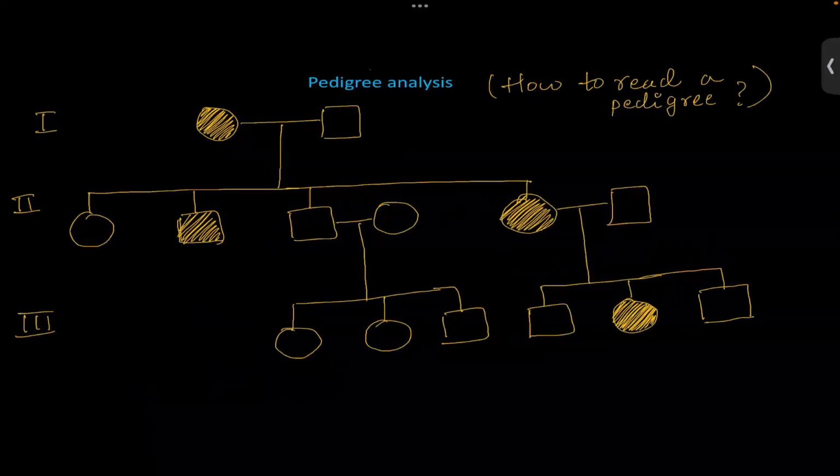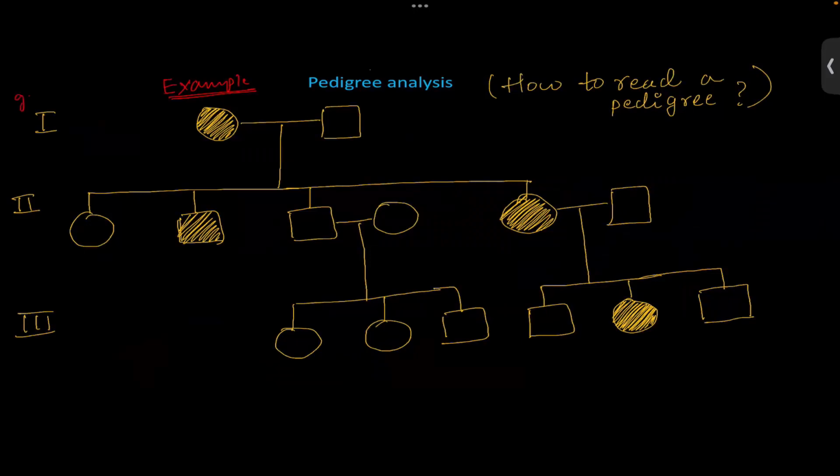Here is an example of a pedigree, and how one should read it. Here 1, 2, 3 show the generations, so this particular pedigree shows a family of 3 generations. Suppose you are this girl in the third generation, who is not showing the symptoms of a particular disorder, and you are being interviewed: how are your parents?